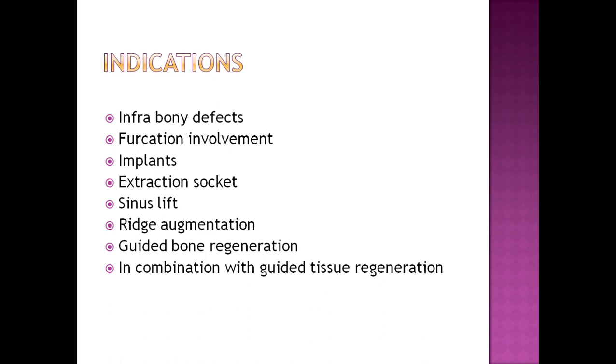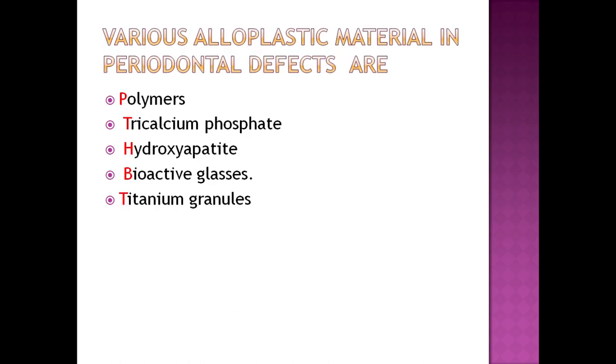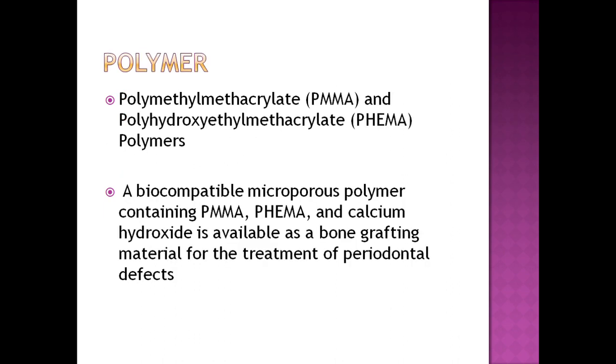Indications are infrabony pocket, furcation involvement, implants, extraction socket, sinus lift, ridge augmentation, guided bone regeneration, and in combination with guided tissue regeneration. Various alloplastic materials used in periodontal defect are polymer, tricalcium phosphate, hydroxyapatite, bioactive glasses, and titanium granule.